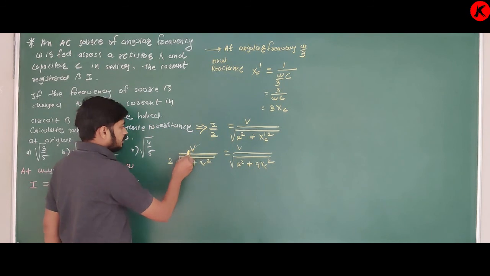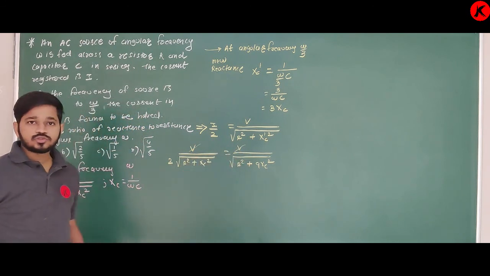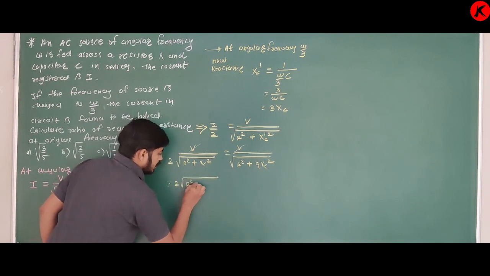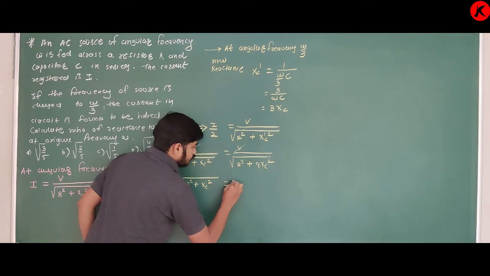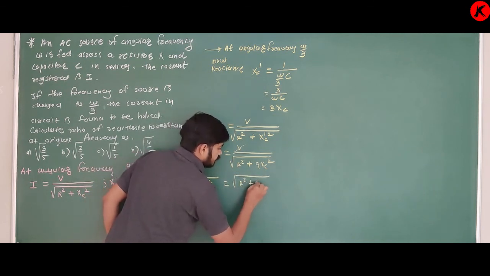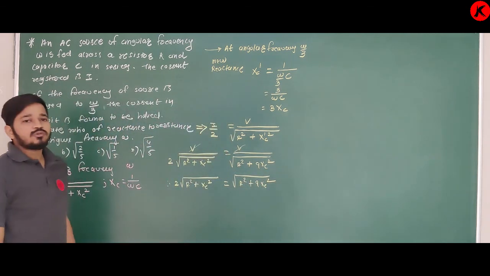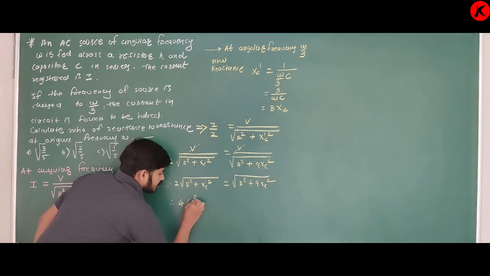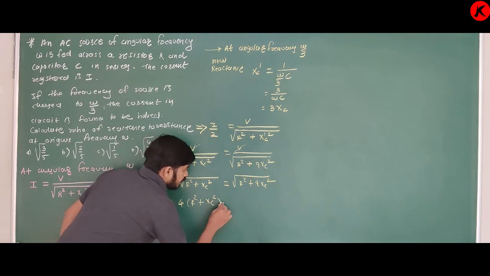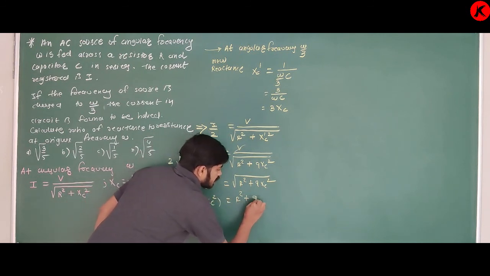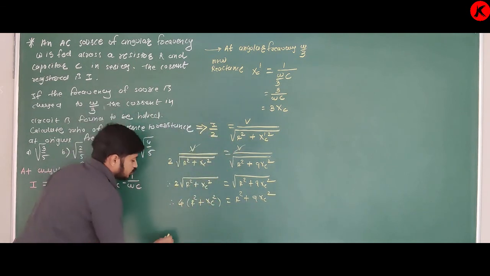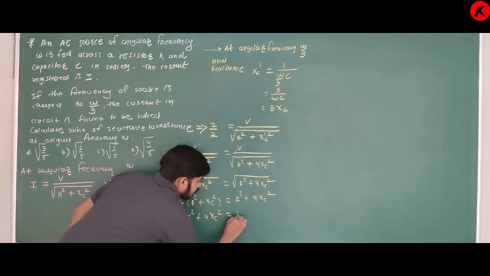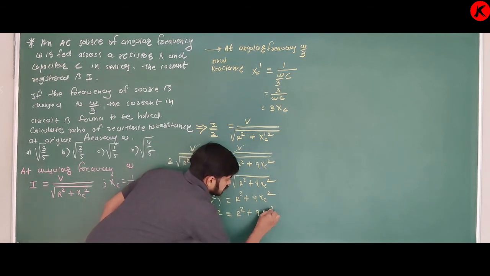So V cuts, and these two denominators are same. Therefore 2 under root R square plus XC square is equal to under root R square plus 9XC square. Now take square on both sides. So 4 into R square plus XC square is equal to R square plus 9XC square. Therefore 4R square plus 4XC square is equal to R square plus 9XC square.